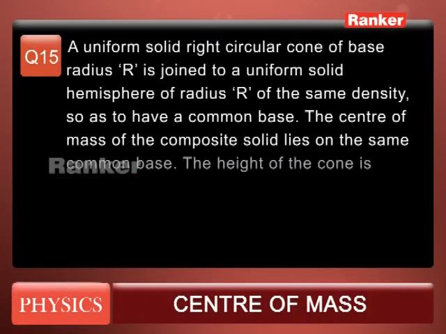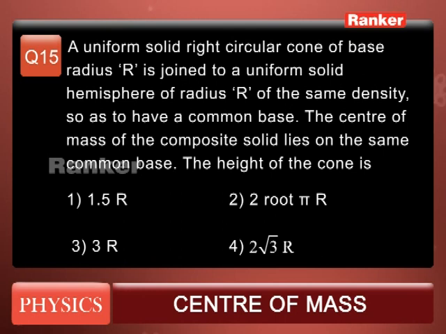Question number 15. In this question it is given that a uniform solid circular cone of base radius r is joined to a uniform solid hemisphere of radius r of the same density so as to have a common base.